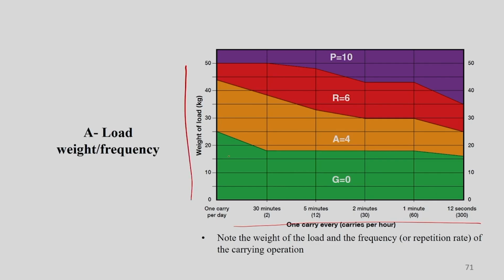If it is less, then everything comes into the green zone, that is 0. If it is in the orange zone, or we call it amber, then the value is 4, then the red zone is 6, and the purple zone is 10. Fine. So this is for carrying.